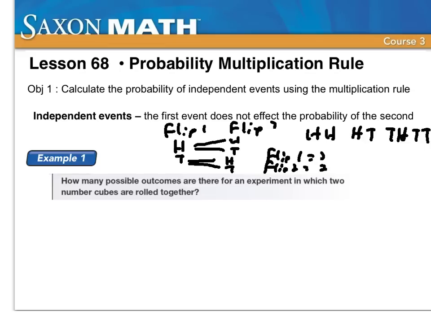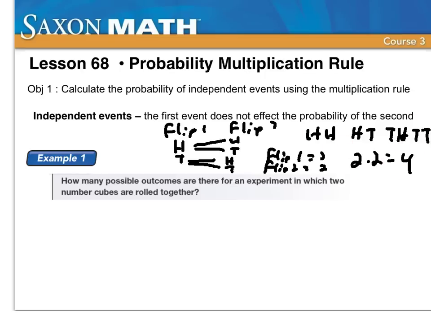I can get heads or tails either time. Well, notice that if I take flip 1, the possible outcomes, there's 2 possible outcomes, times the number of outcomes in flip 2, I get the total number of things that can happen here. So if I want to know how many outcomes there are when I flip a coin twice, I take the number of outcomes in flip 1, which is 2 possible outcomes, and the number in flip 2, 2 possible outcomes, and I get my 4 possible outcomes total up here.